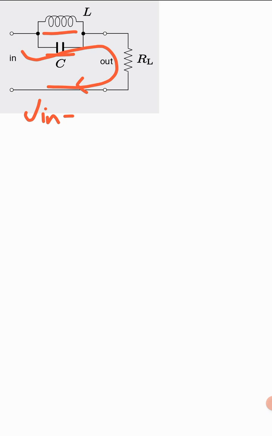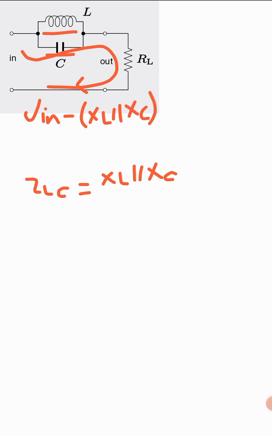So the impedance of L and C, let's say ZLC, would be XL in parallel with XC. So you will write XL in parallel with XC multiplied by the current. So that's the voltage drop across this L and C network right here.